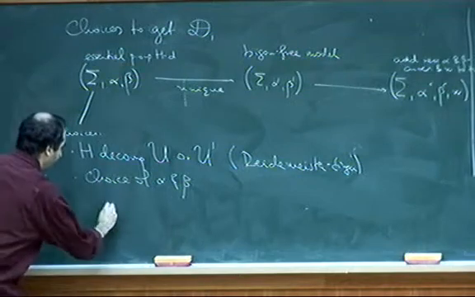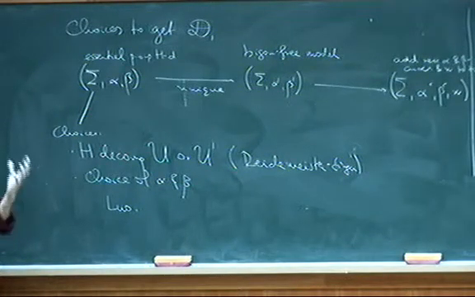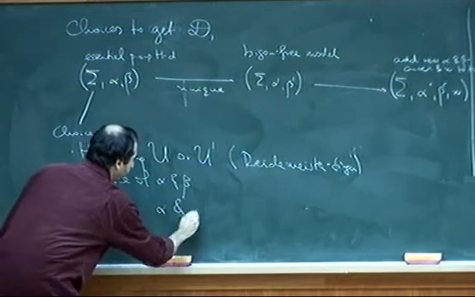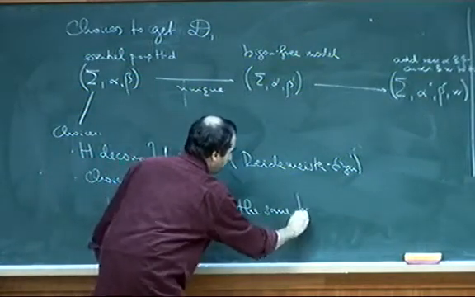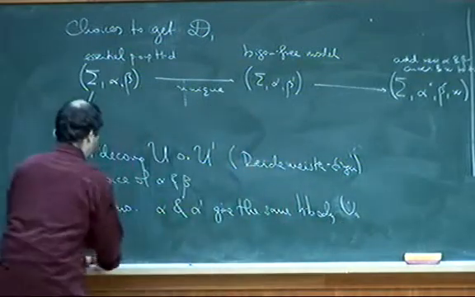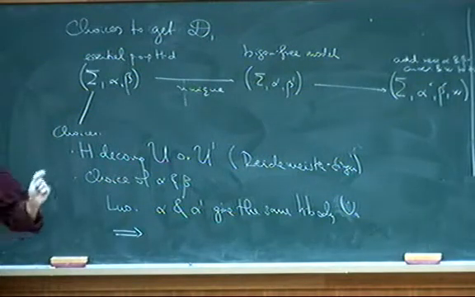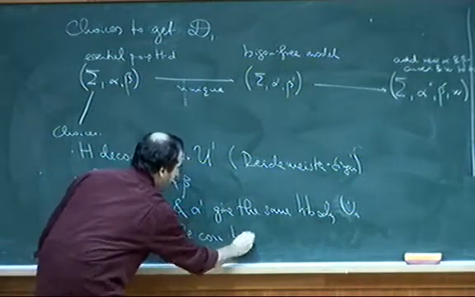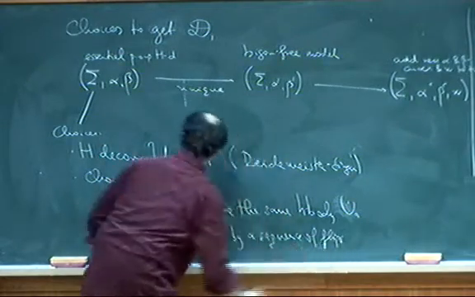And here is a theorem of Feng Luo saying that if you have two pair of pants decompositions giving the same handlebody, so alpha and alpha prime give the same handlebody U naught, then they can be connected by a sequence of flips, where this is a flip.